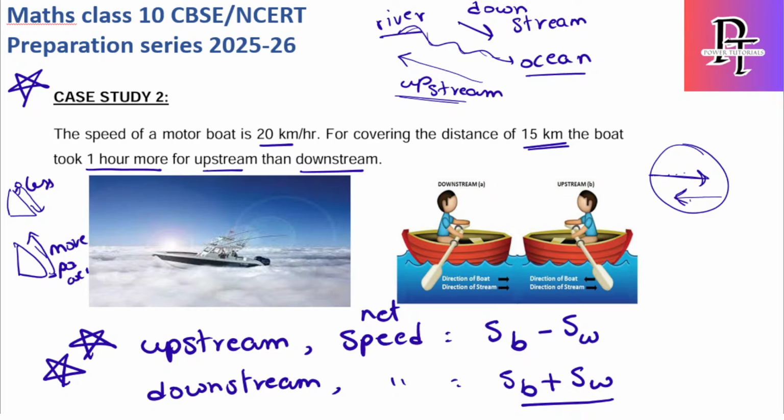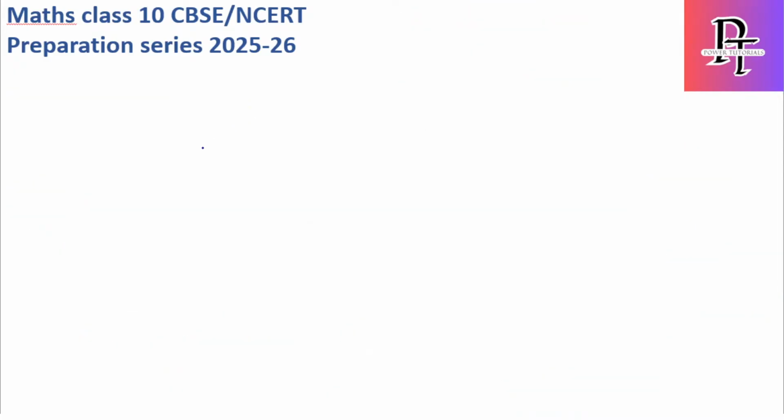Okay, let's see what the question is asking. They have mentioned the speed of the boat as B, 20 kilometers per hour. For the covering distance they have mentioned 15 kilometers. The boat took one hour more for upstream than downstream. So we have two scenarios here, upstream and downstream. Suppose we have point A on the top and point B here.